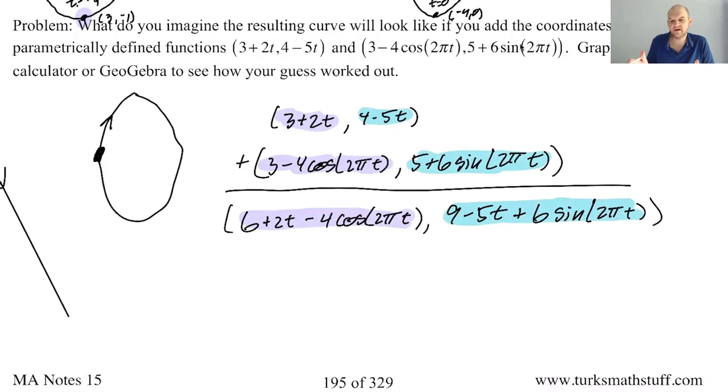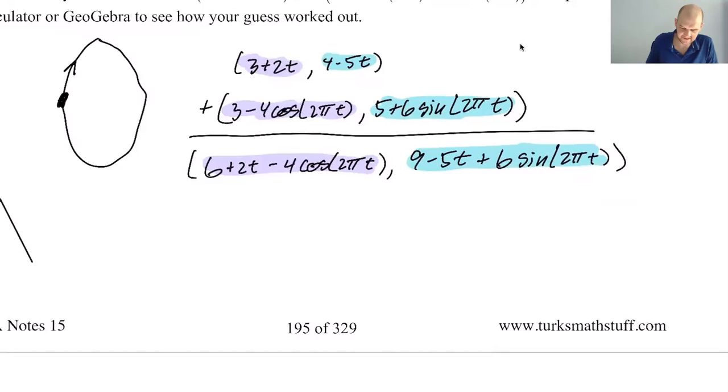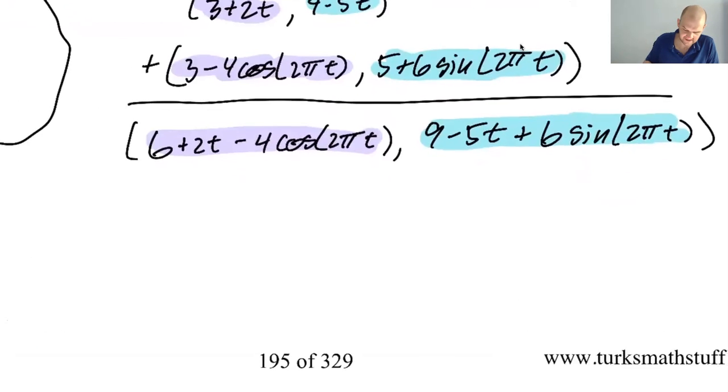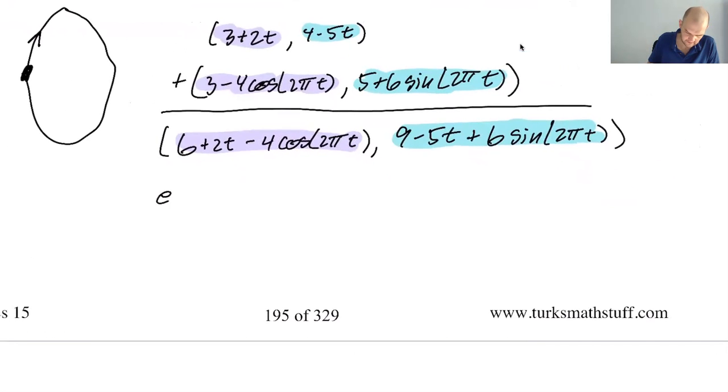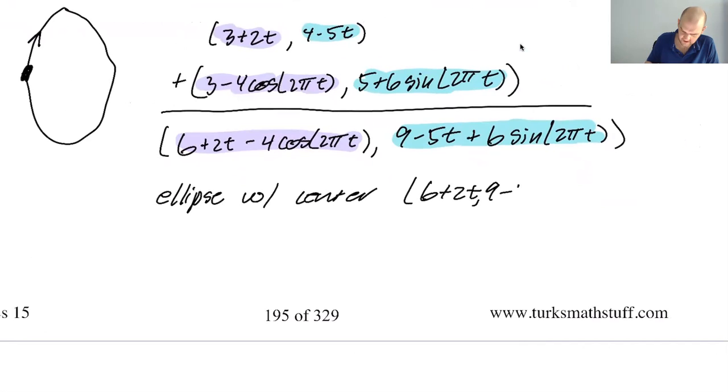Well, I don't know. I kind of think I know. What if we look at this as a kind of ellipse, but not an ellipse that has a fixed center? What if we think of this as an ellipse with a center at 6 plus 2t, comma 9 minus 5t?